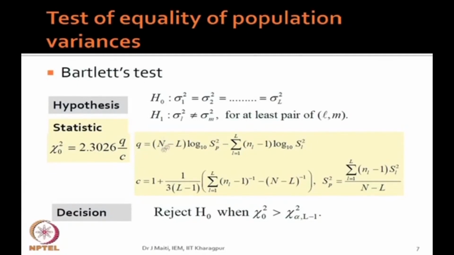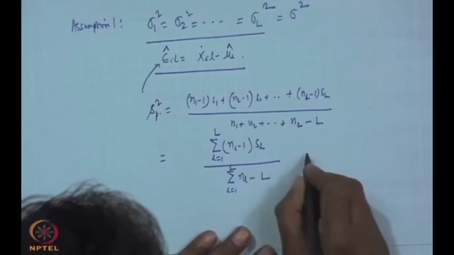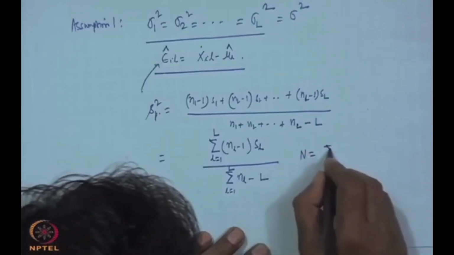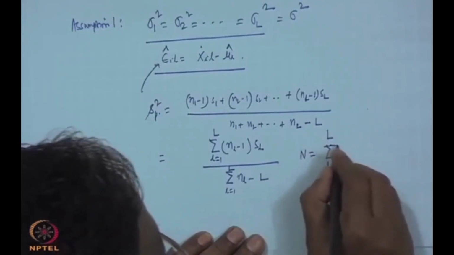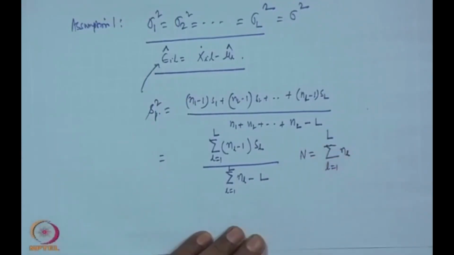What is capital N here? In N minus L, this capital N is the sum over L equal to 1 to capital L of small nL.